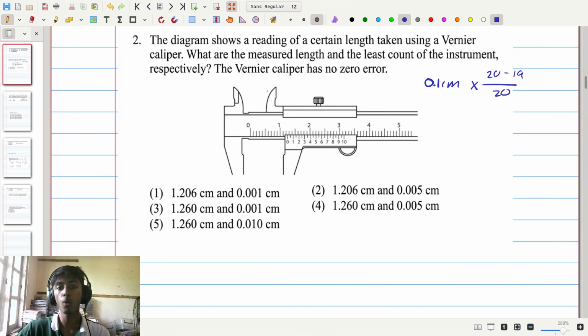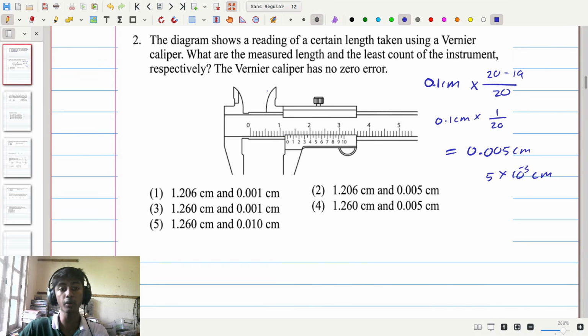So the least count, the difference between the main scale and vernier scale divisions, is going to be equal to 0.1 centimeters of the main scale division times (20 minus 19) divided by 20. Therefore, the answer here is 0.1 centimeters times 1 over 20, which if you do the math is equal to 0.005 centimeters, or 5 times 10 to the minus 3 centimeters.